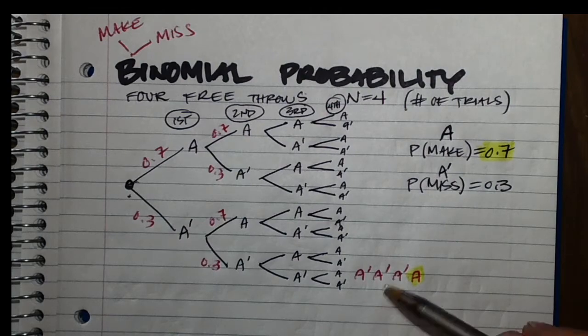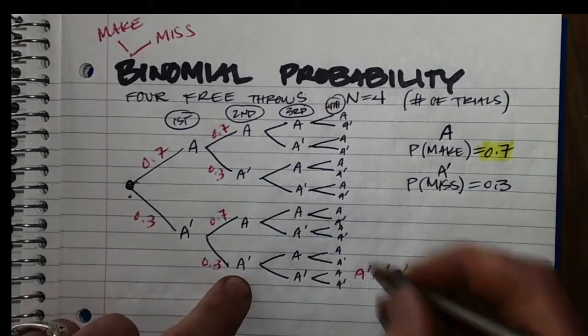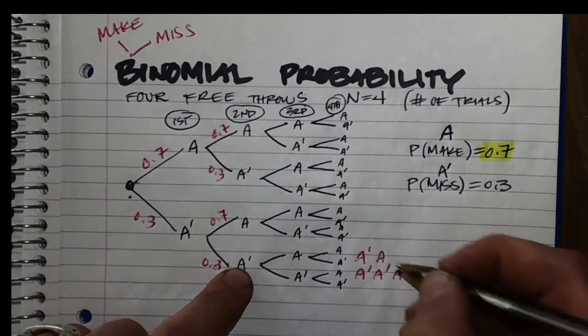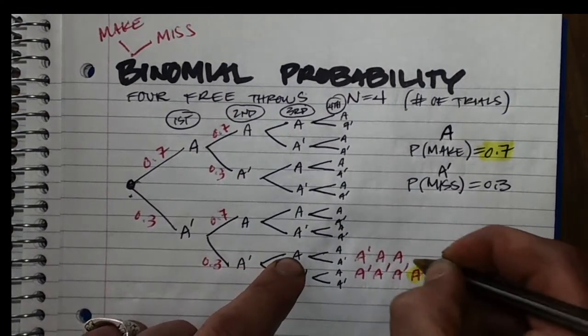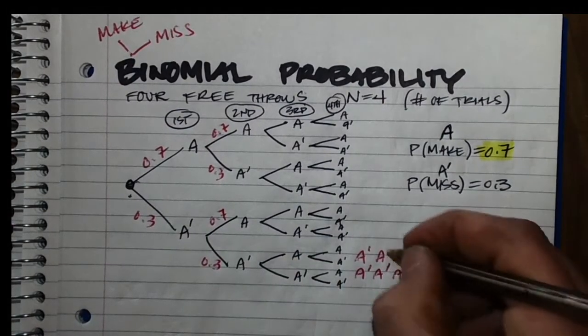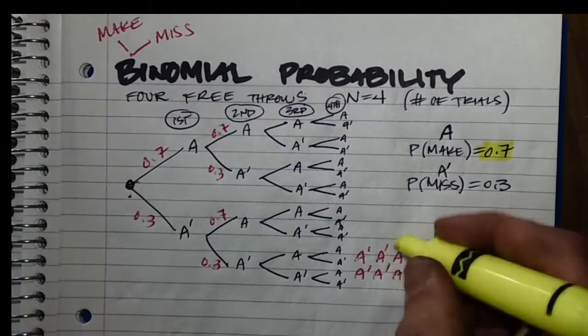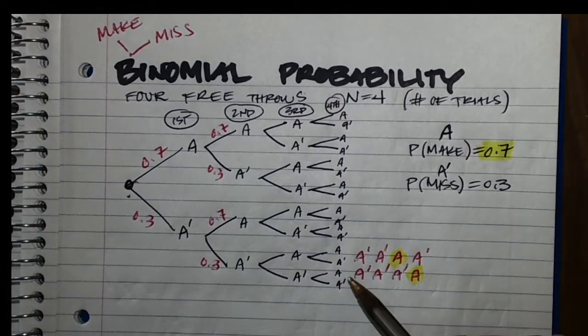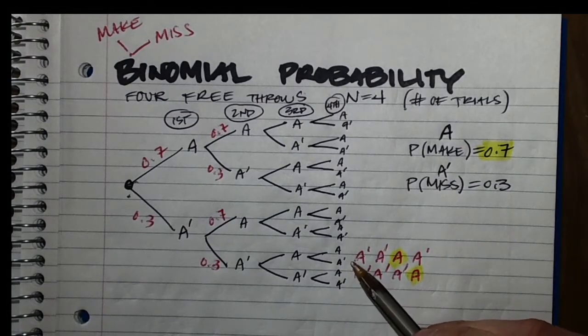Okay, the next one where you could score 1 point would be miss, miss, make, miss. That'd be this one. And that corresponds to this particular branch ending right there.